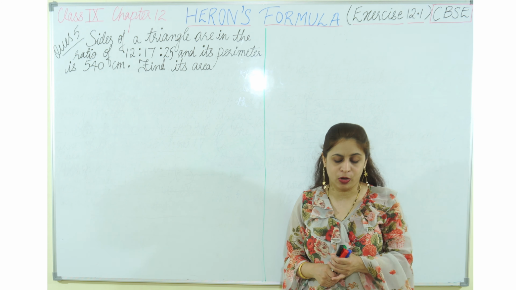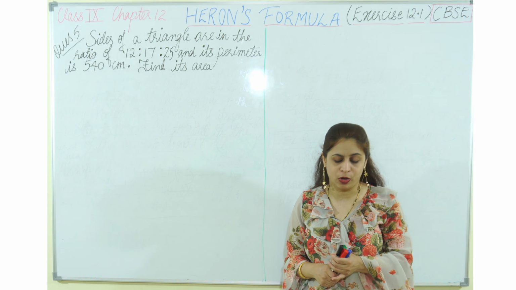We have already studied in previous classes that the perimeter is given by the sum of all the sides, so A plus B plus C. We have assumed the sides to be 12x, 17x and 25x, so we will substitute here, and the perimeter value we have already been given in the question to be 540 centimeters. So 540 will be equal to 12x plus 17x plus 25x.